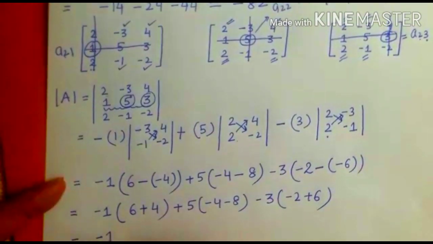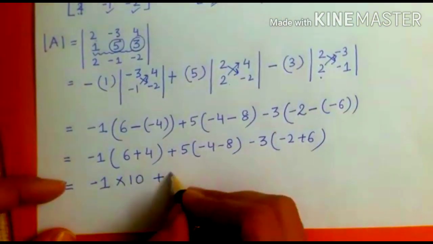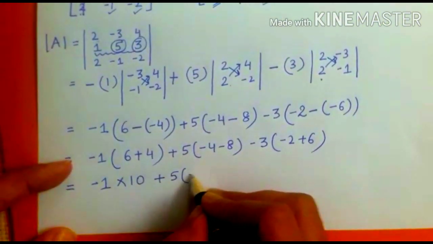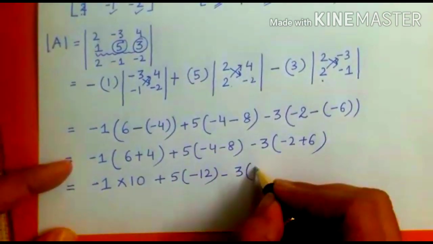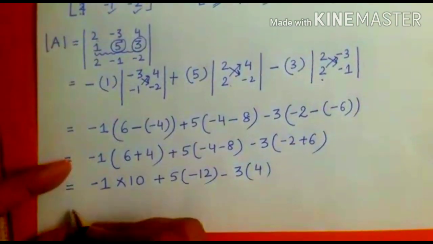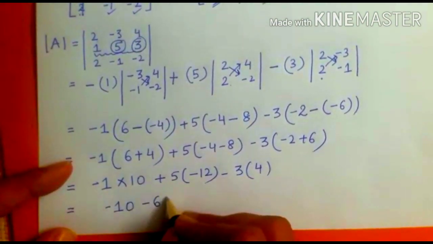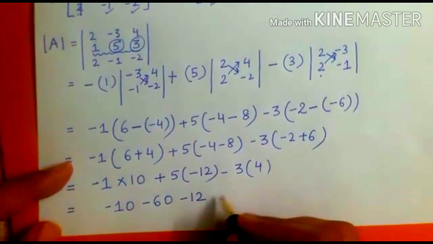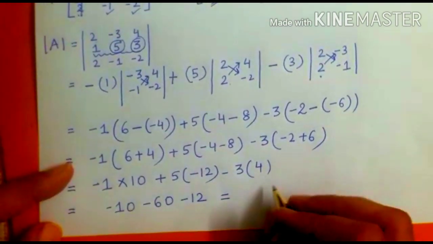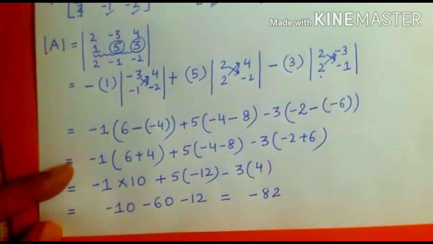So it is minus 1 into 10 plus 5 into negative 12 minus 3 into 4. So it is negative of 10 minus 60 minus 12, and which will give you negative of 82.